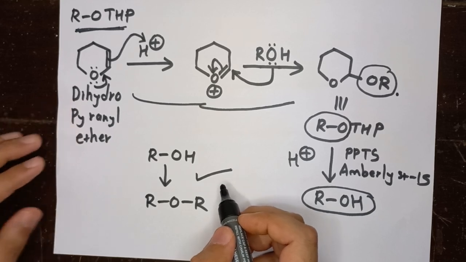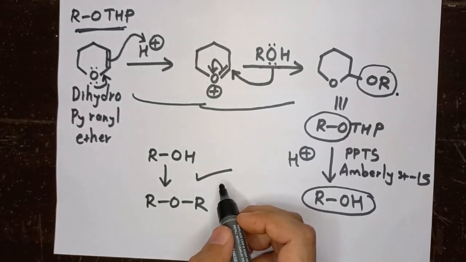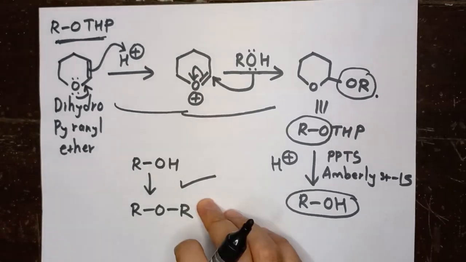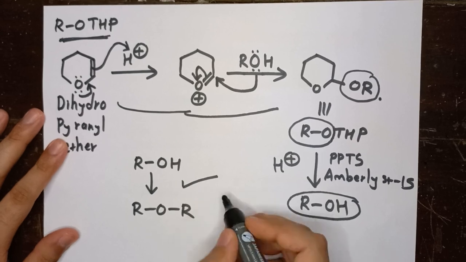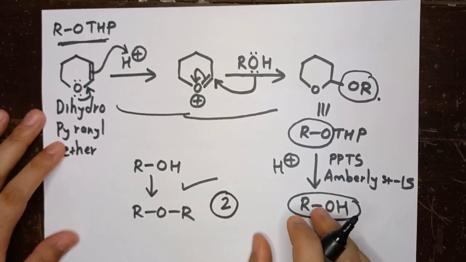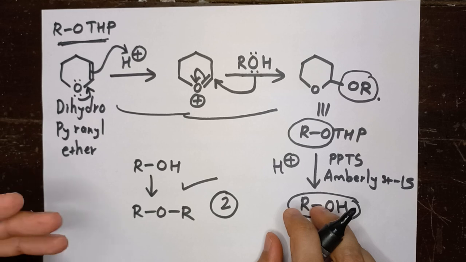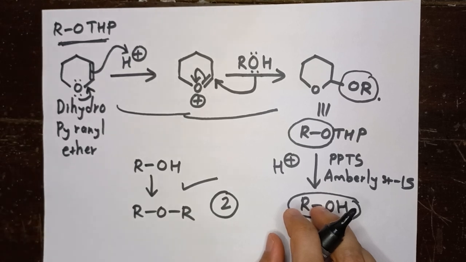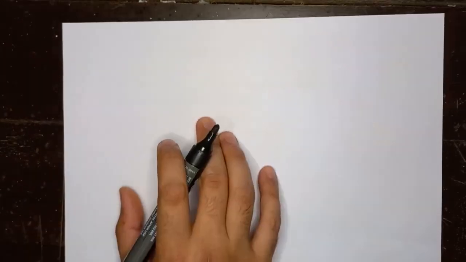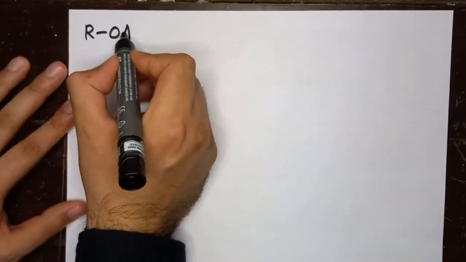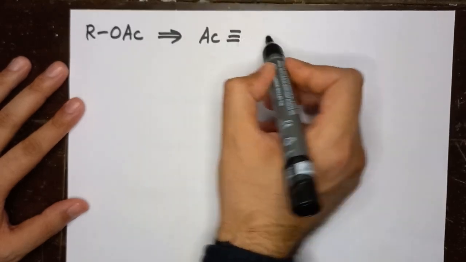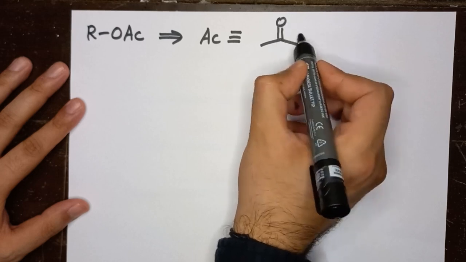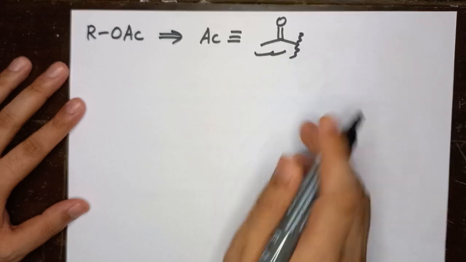Now let's move forward and talk about the silyl protection strategy. But before we jump into that, there are two more strategies we need to know. So first let's look at those and then move forward to silyl protection. Okay, now I'm going to talk about the acetyl protection. So we know the acetyl group can be written as this particular moiety.